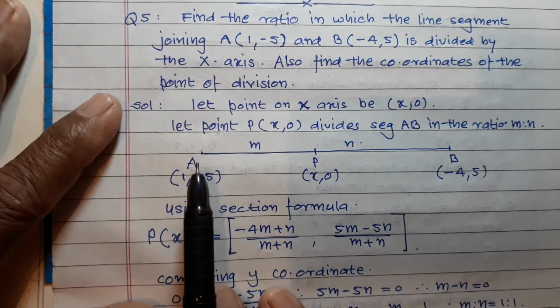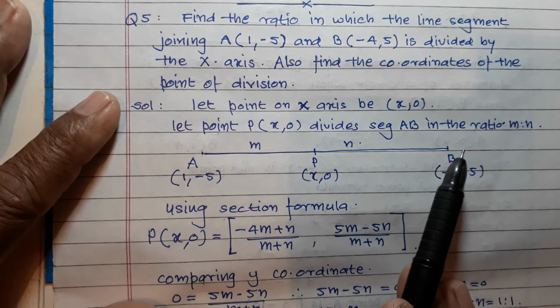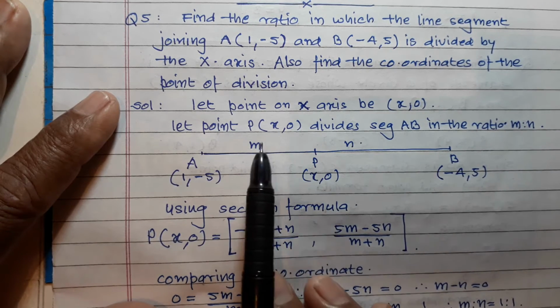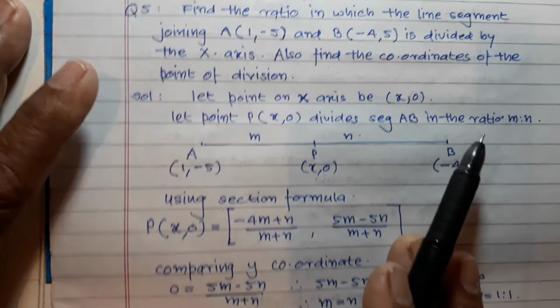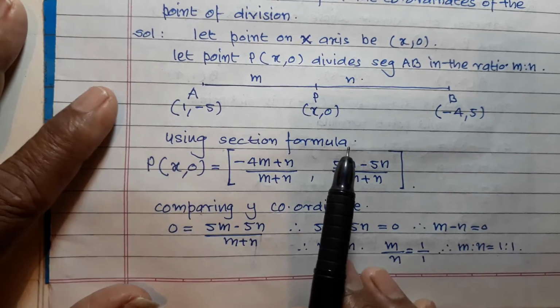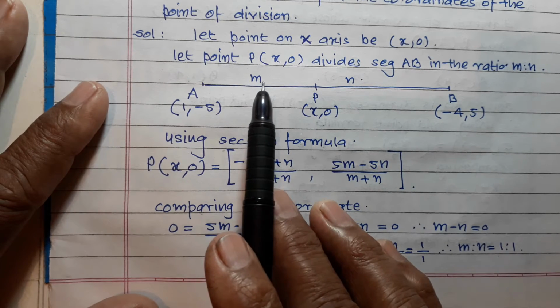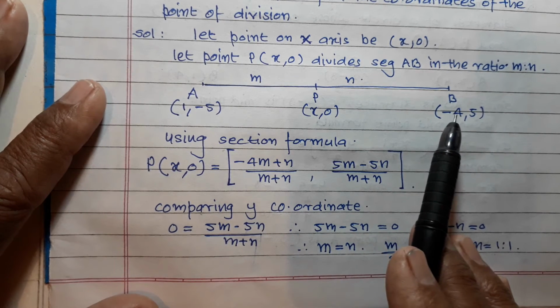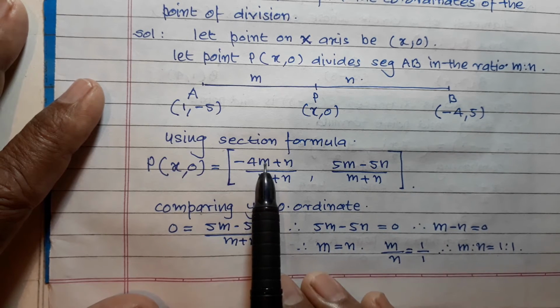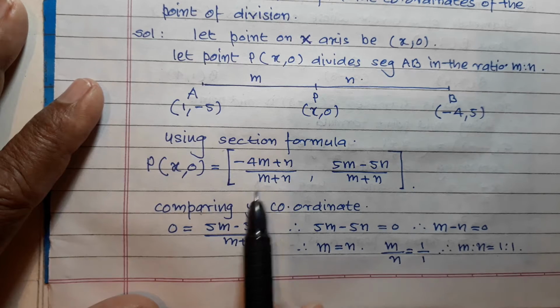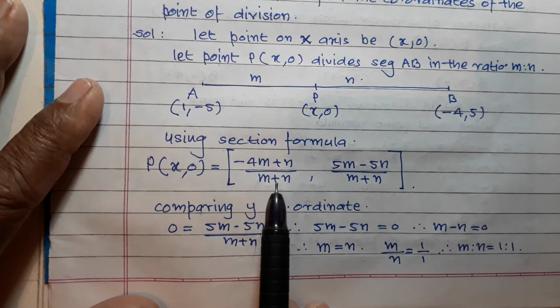Then draw the figure. So this is point A, this is point B, P is the point (x, 0), m:n. Using the section formula, P (x, 0) is equal to m into minus 4, so that is minus 4m, plus n into 1, that is n, upon m plus n.